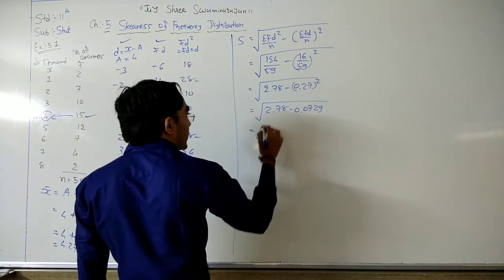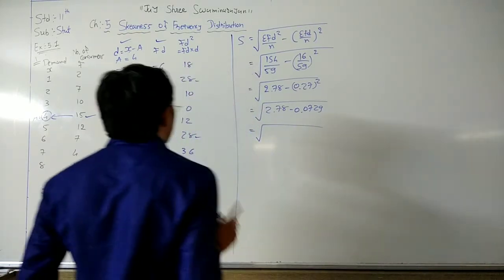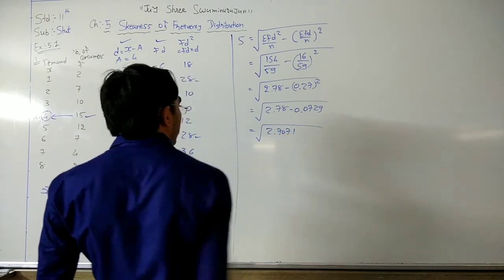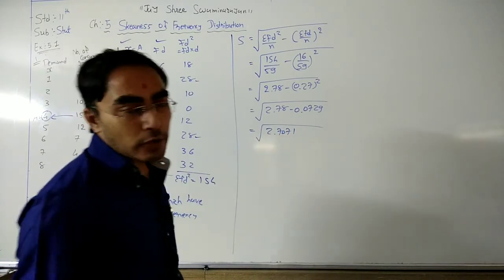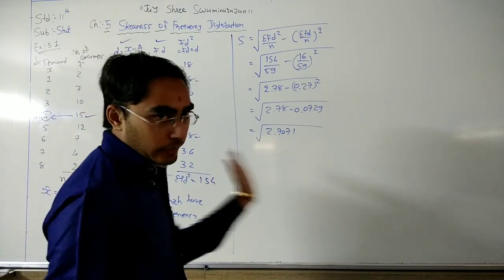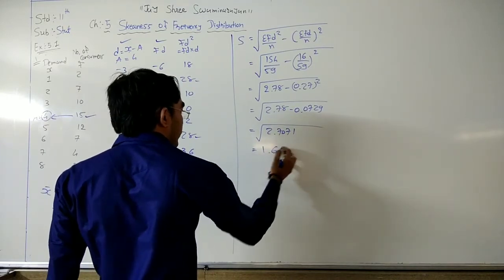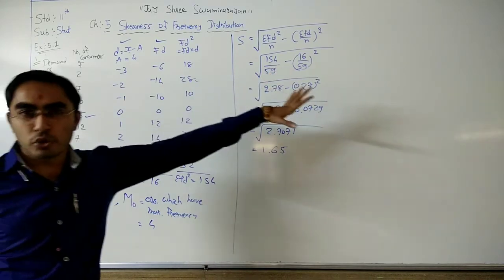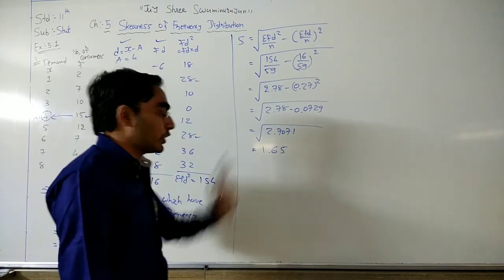Now subtract: 2.78 minus 0.0729 is 2.7071. Finally find the square root of 2.7071. It is 1.65. We have more digits after that, but we just need to round to 2 decimal places. So it is 1.65.